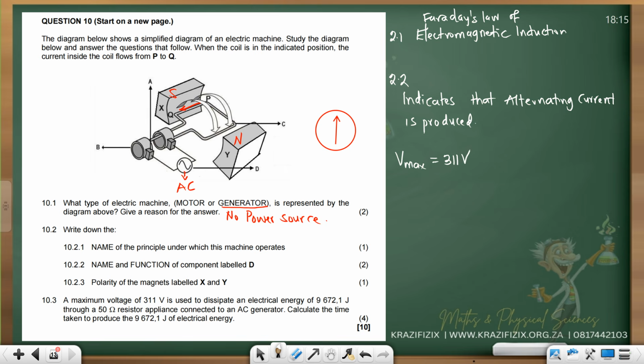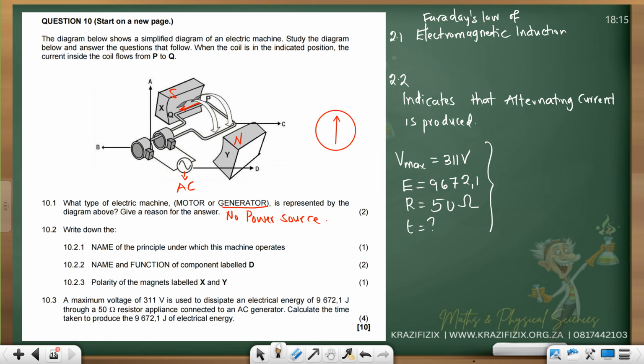Electrical energy, which is work, 9672.1. Resistance, 50 ohms. What are we looking for? Time. Is there a formula that connects all of this?